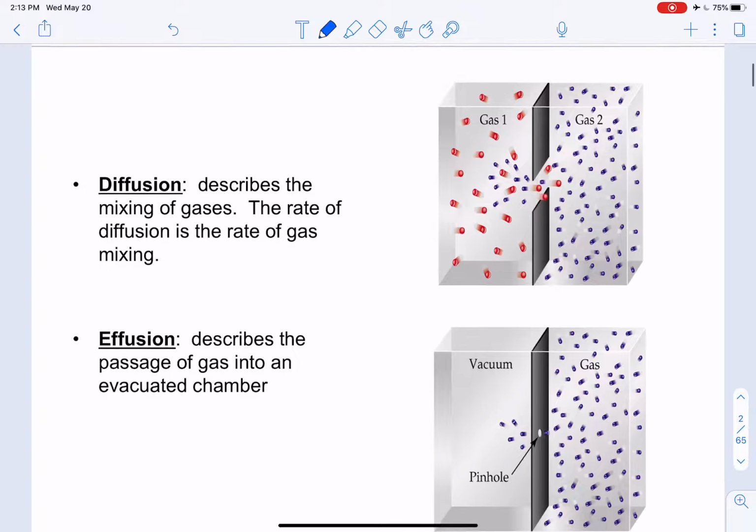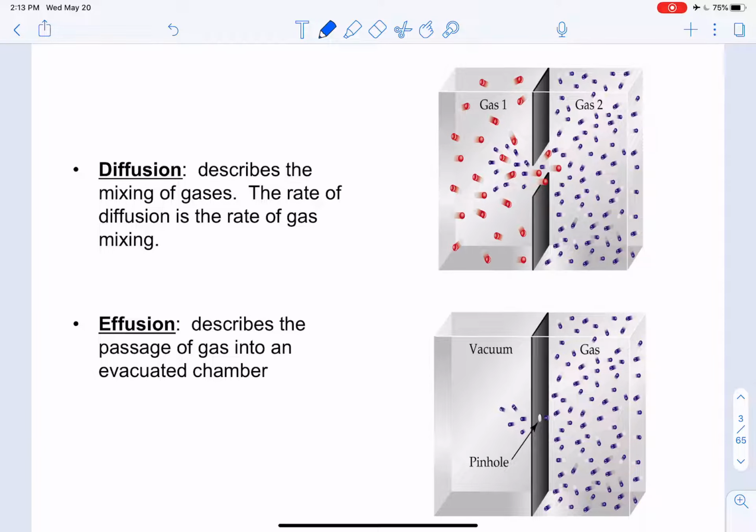So what happens with diffusion is we have a couple of gases, and one is on one side of the container and the other is on the other side of the container. And we open up that little spot right there, and naturally, so spontaneously, we'll get movement of gas 1 into the chamber where gas 2 is, and gas 2 will spontaneously move into the chamber where gas 1 is, until we get a nice constant concentration of both gases on each side.